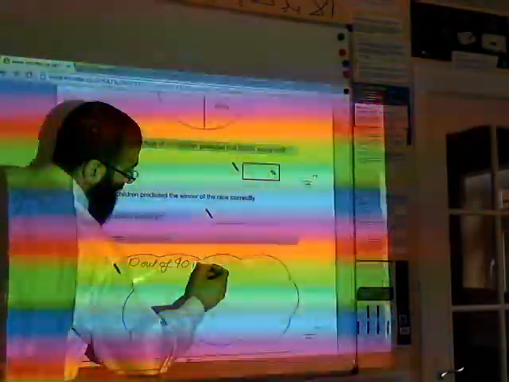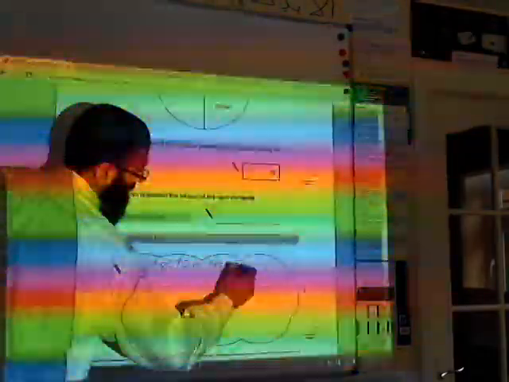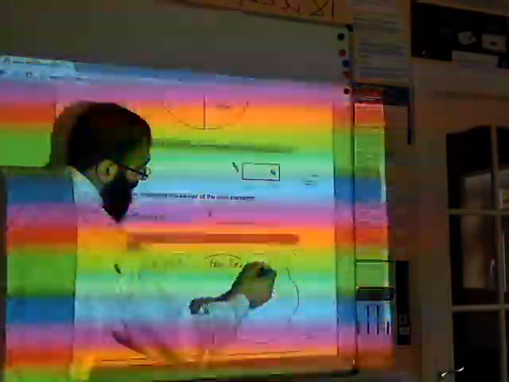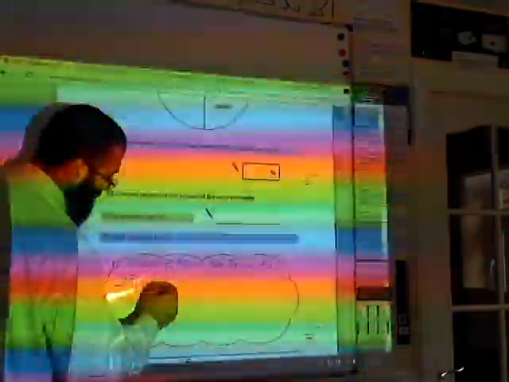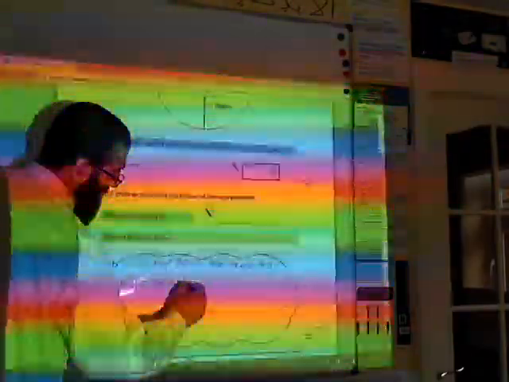10 out of 40 is the same as 25% or a quarter.